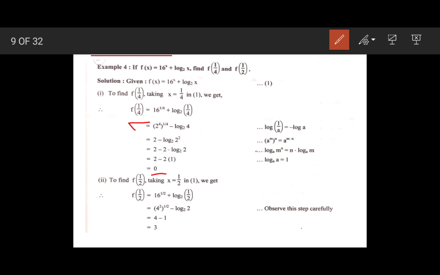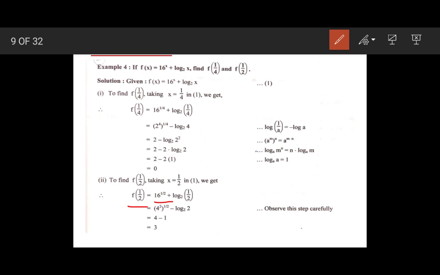Now similarly we can find f of 1 upon 2. So for f of 1 upon 2, what I have to do? I have to substitute x as 1 upon 2. So what I will get? I will get f of 1 upon 2 as 16 raised to 1 upon 2 plus log 1 upon 2 to the base 2.